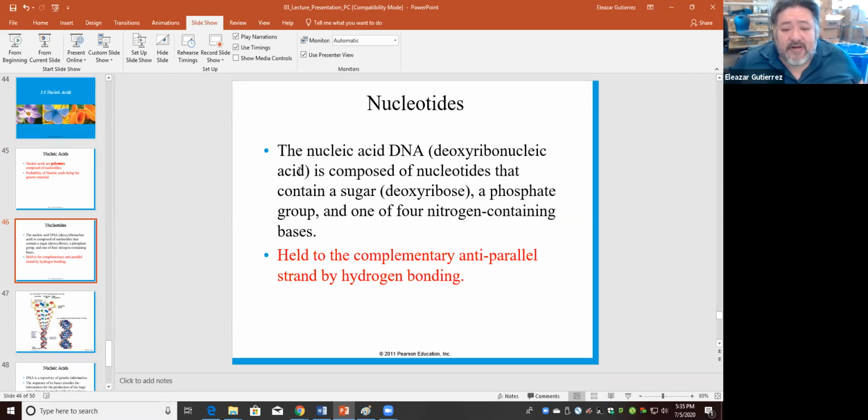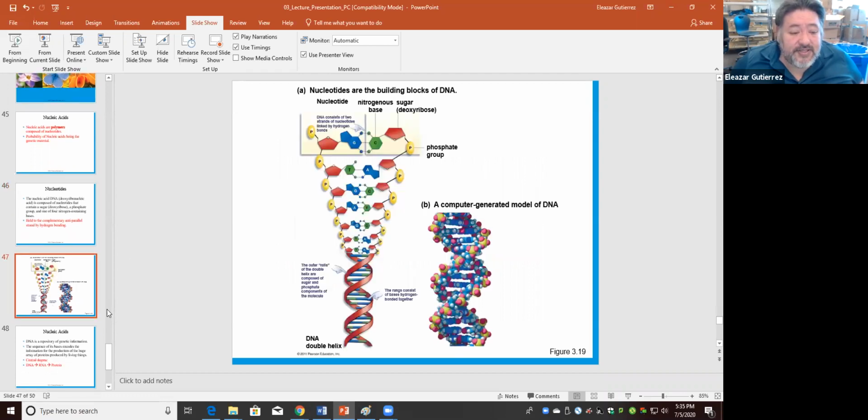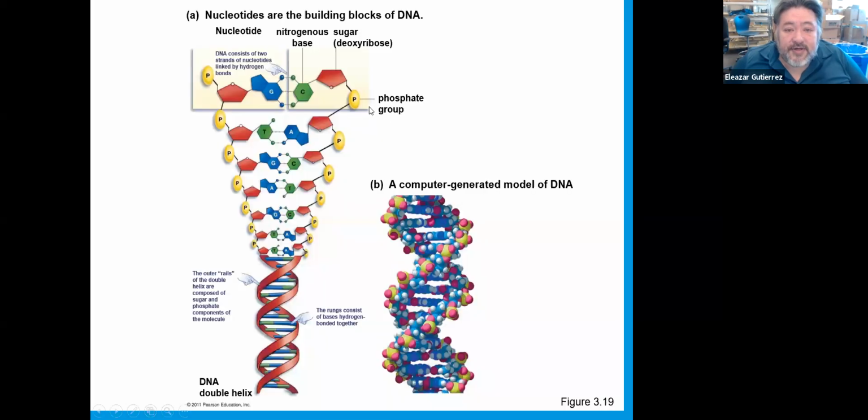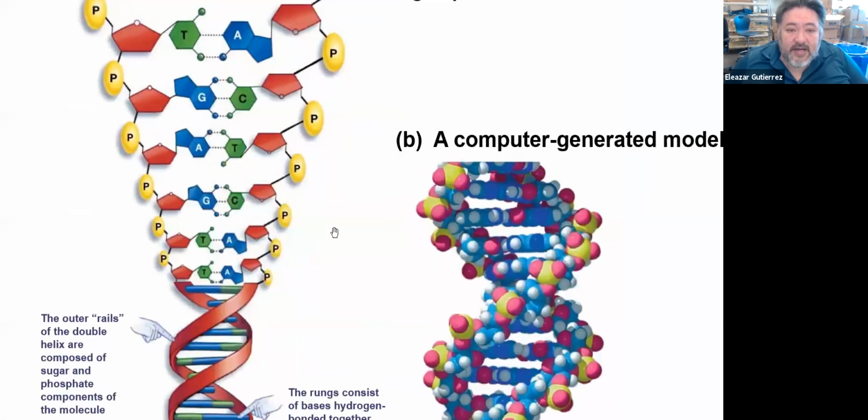It's important for you to know that DNA, deoxyribonucleic acid, is composed of nucleotides, and that each nucleotide contains a sugar, a phosphate, and 4 nitrogen-containing bases. Let's make it really big.